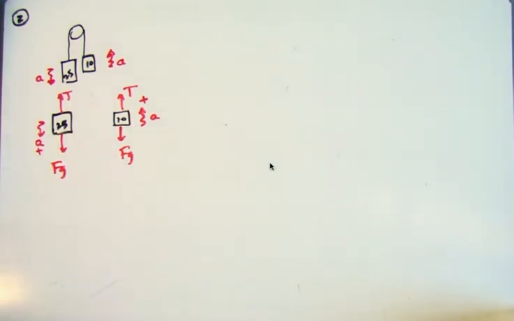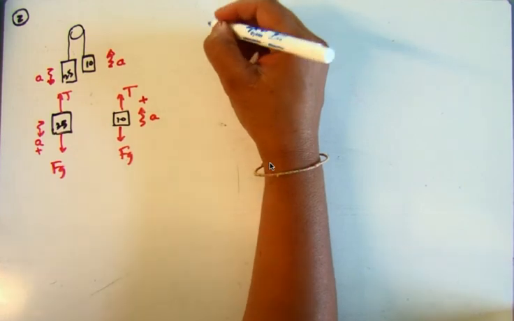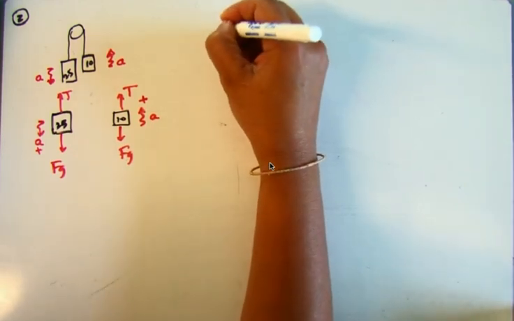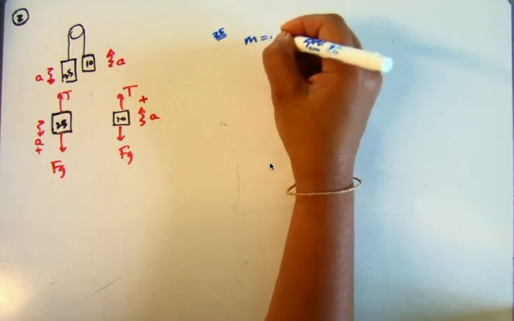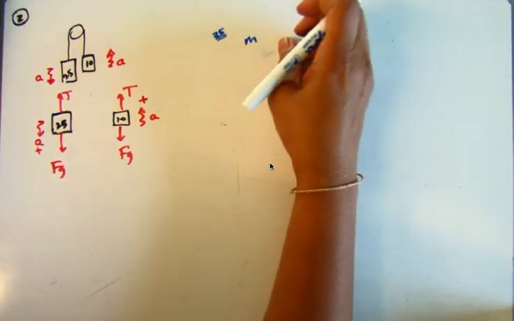So when we go to do this problem, we are going to look at each individual mass. I'm going to do it the two systems of equations way. So let's start by looking at the 25 kilogram mass. So ma equals the sum of the forces.